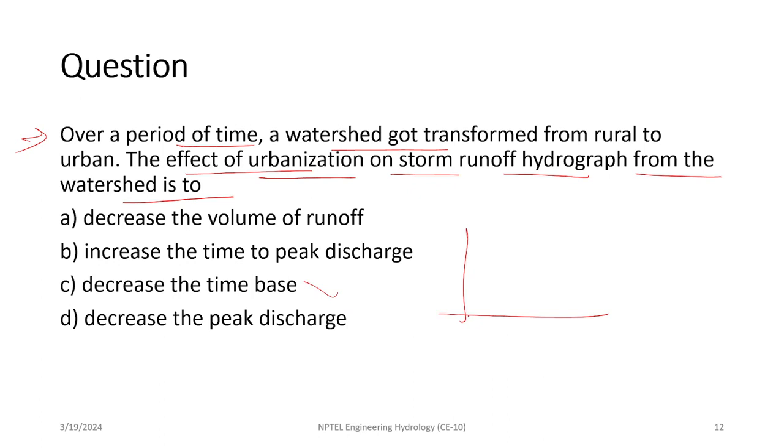If we have a rural kind of area, then definitely there should be more abstraction or maybe interception losses. So you may be getting a graph like this, but in that case the duration will be more.